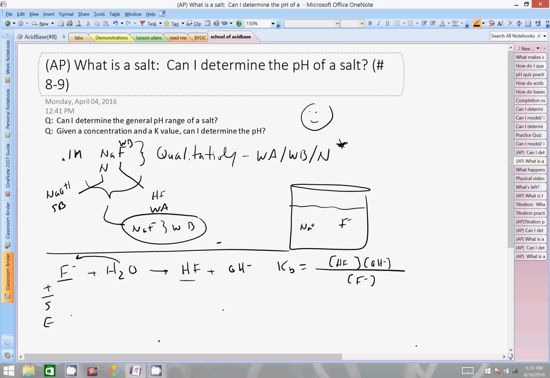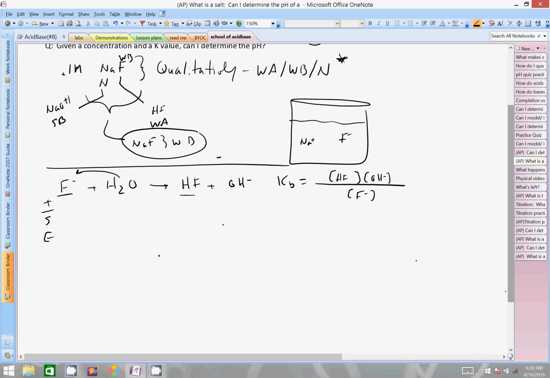Now, one thing to note about this is sometimes they don't give you the Kb directly. For this one, they're going to give you the Ka of HF. So the Ka of HF is, in this case, 6.6 e to the negative fourth.